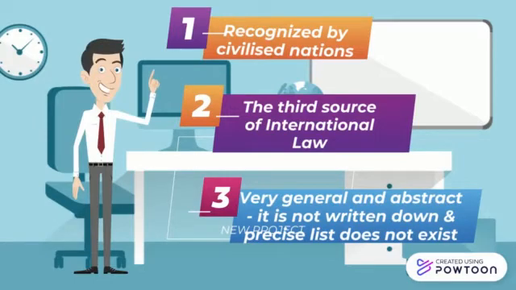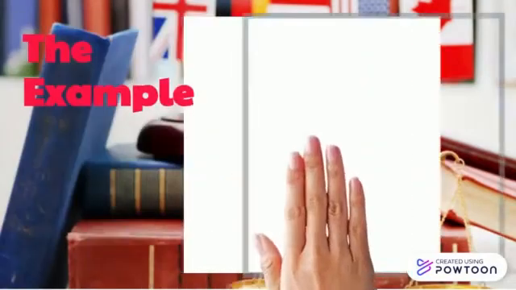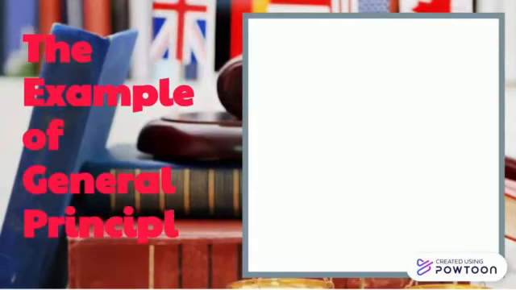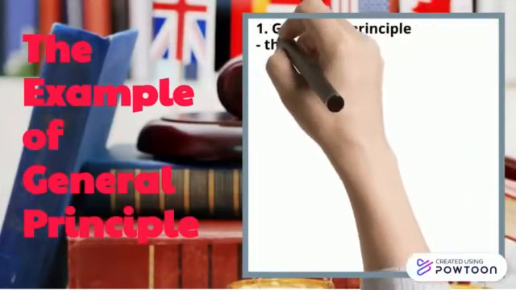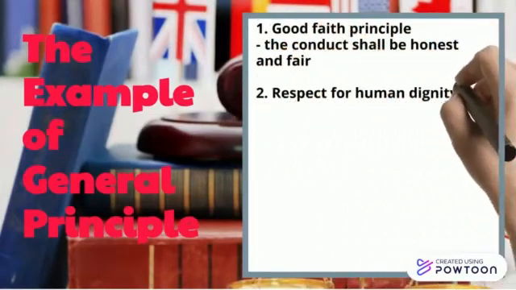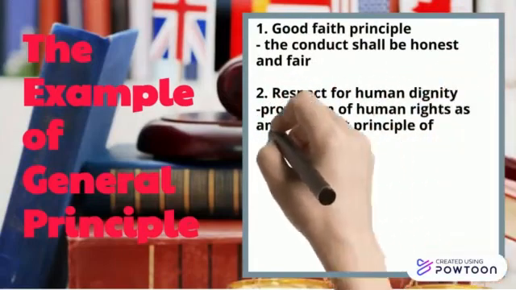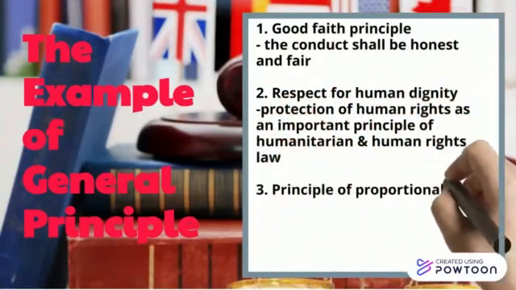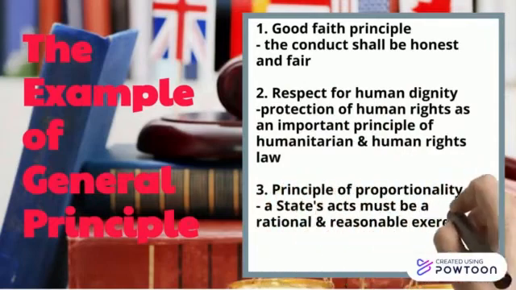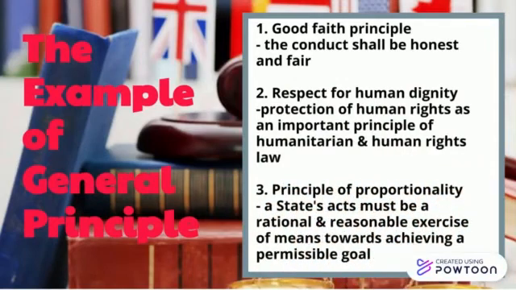It is not written down and there is no precise list of such principles. Examples are the good faith principle, that conduct shall be honest and fair; respect for human dignity, the protection of human rights as an important principle of humanitarian and human rights law; and the principle of proportionality, which means a state's acts must be a rational and reasonable exercise of means towards achieving a permissible goal.